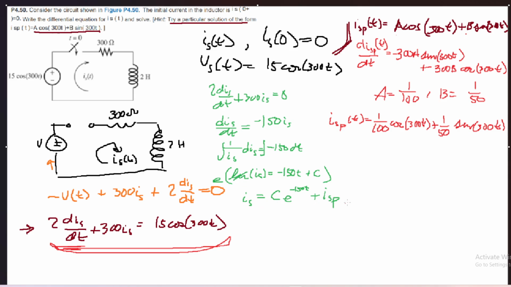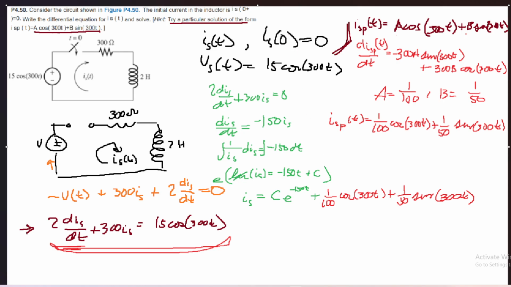Then we plug that into our Is equation. Cool.